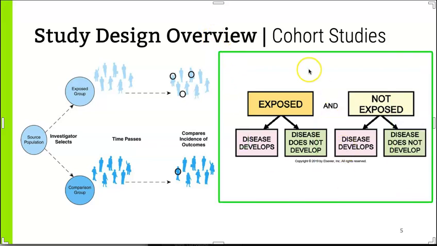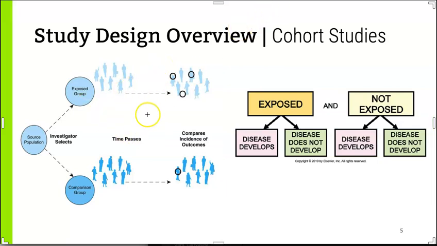These two diagrams are essentially saying the exact same thing. I just tend to like the diagram used in the other textbook a little bit better, because I think it gives a better visual and helps the reader understand what's going on in the actual study design. So I didn't want to give you the diagram on the left and have you wonder what that is. It's the same thing that's being presented in the figure on the right.